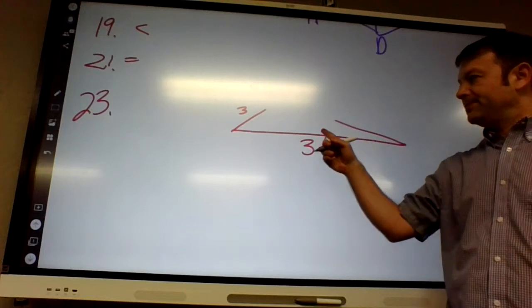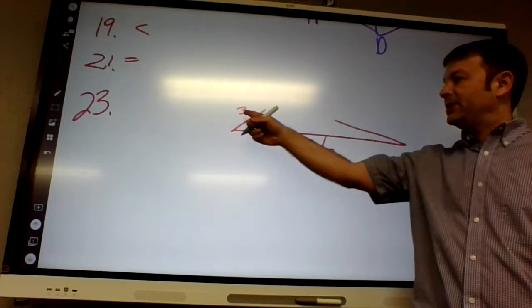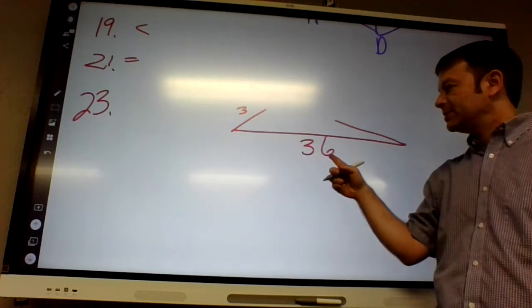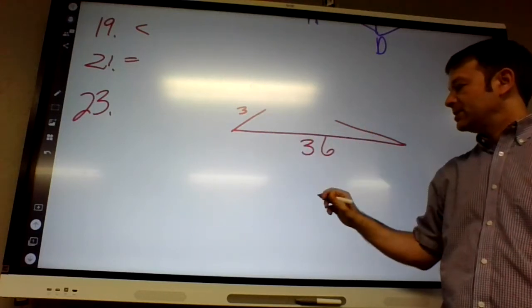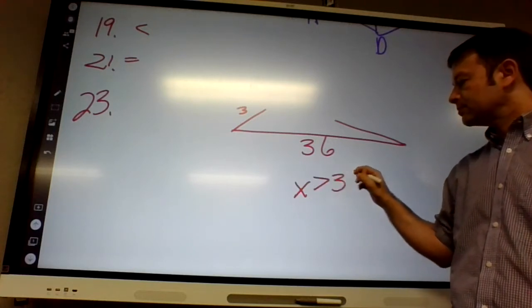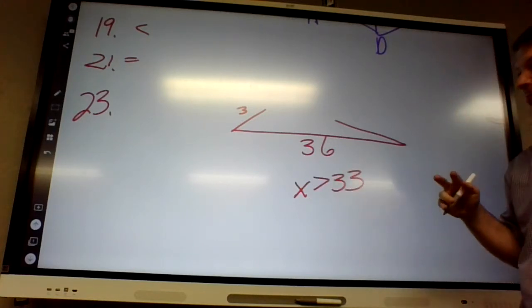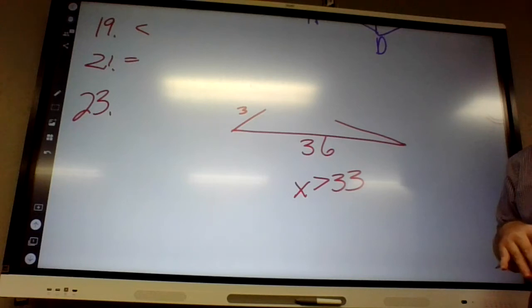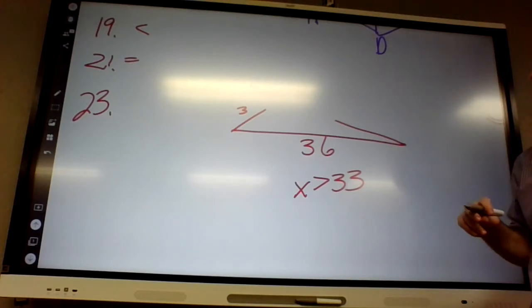So it's gotta be bigger than the difference between these two. Because 33 plus 3, it's gotta be bigger than this. This plus this. So it's gotta be bigger than 33. But also, there's something else that we have to worry about.